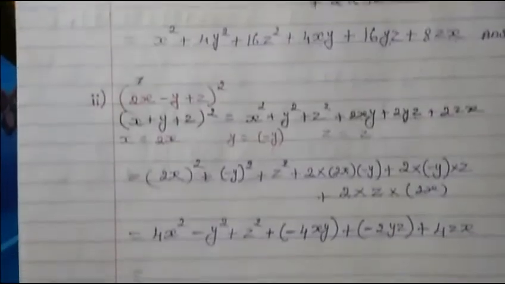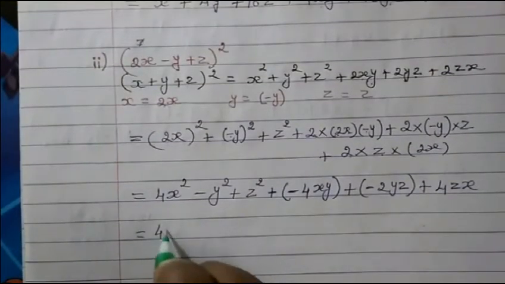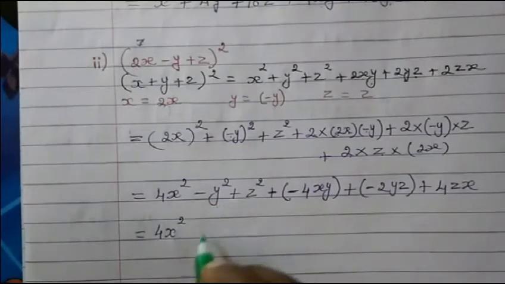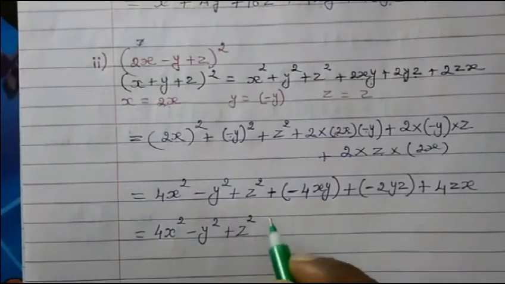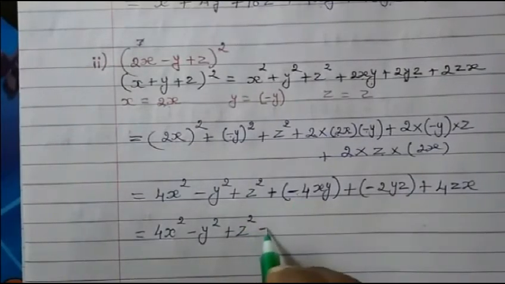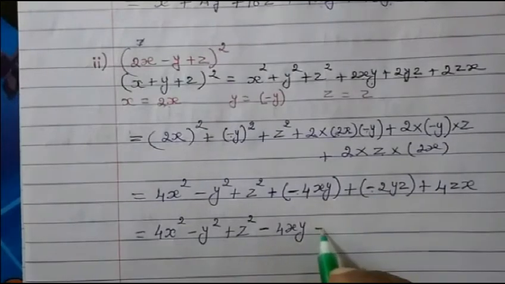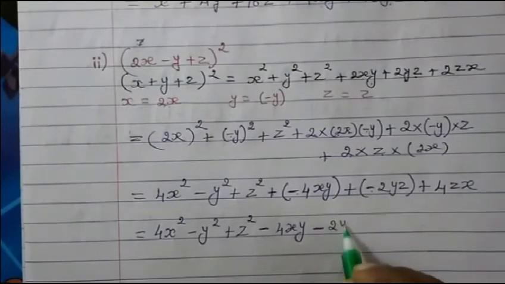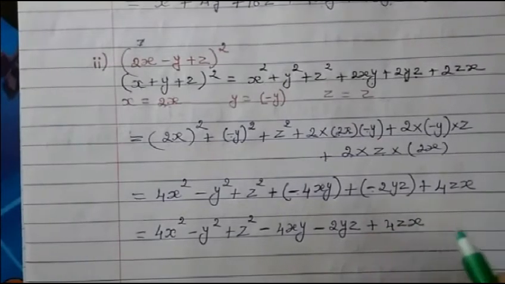So let's write down one more step. 4x square minus y square plus z square plus into minus minus 4xy plus into minus minus 2yz plus 4zx.